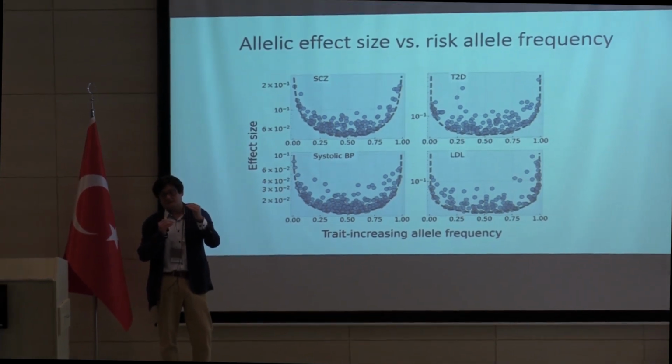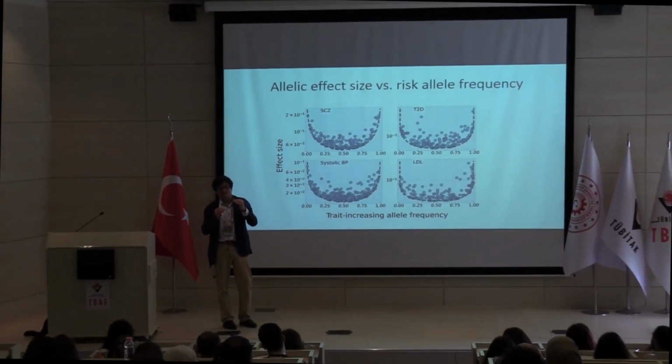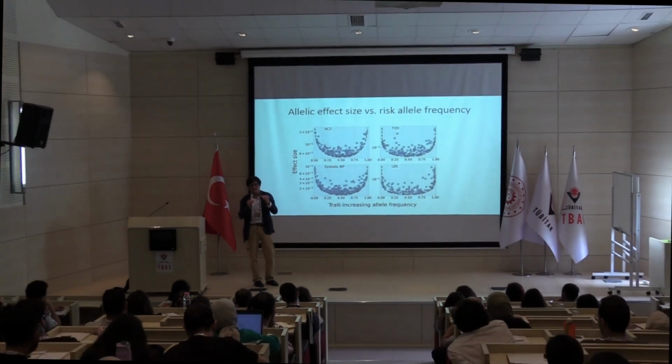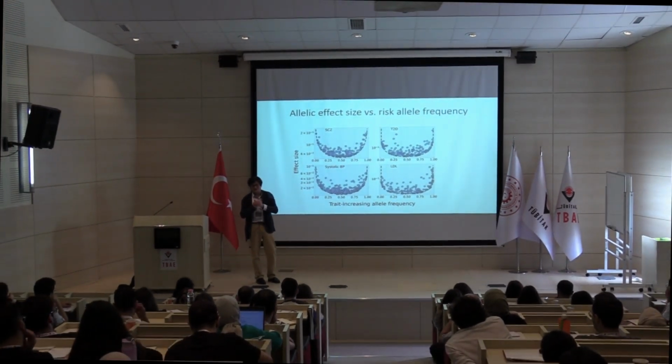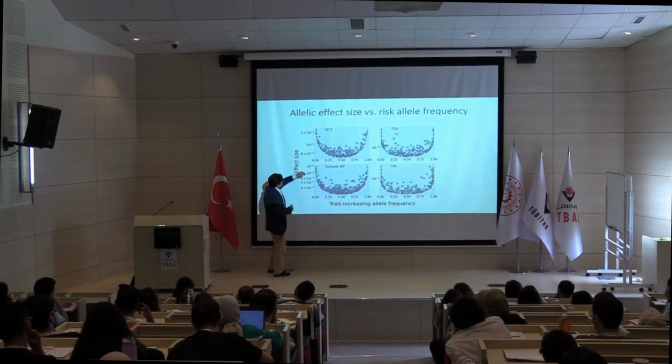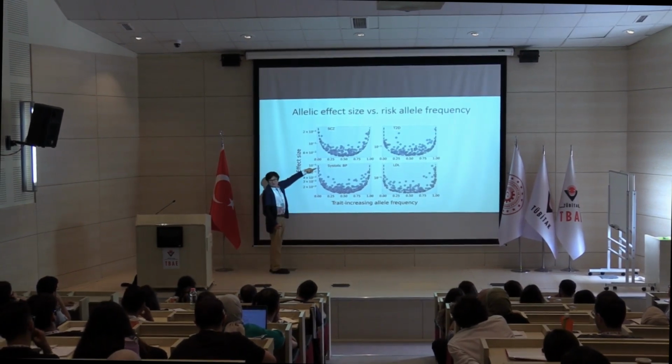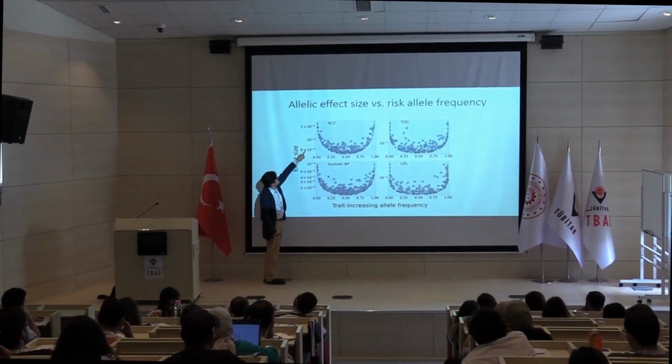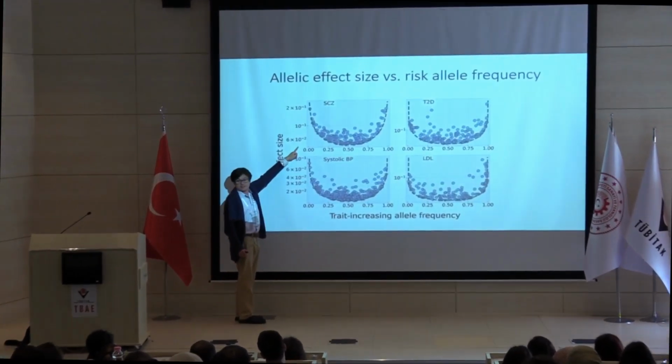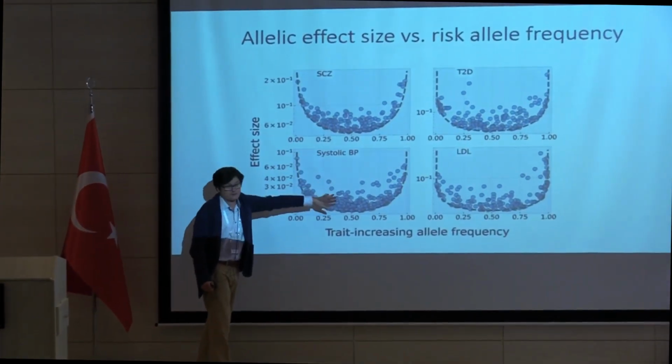Why don't we have those? We think because of natural selection, right? Because they are bad for you, natural selection gets rid of them. Now there are variants that very few people have, and those have large effect on blood pressure and schizophrenia. So those are diseases on top, and those are quantitative traits.